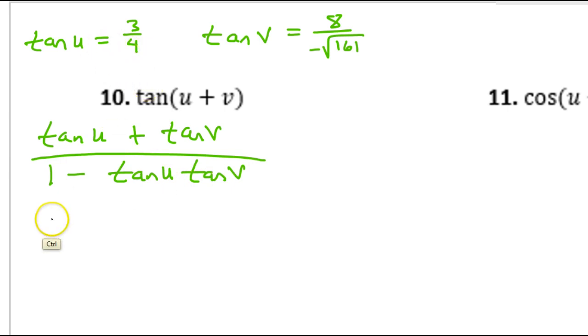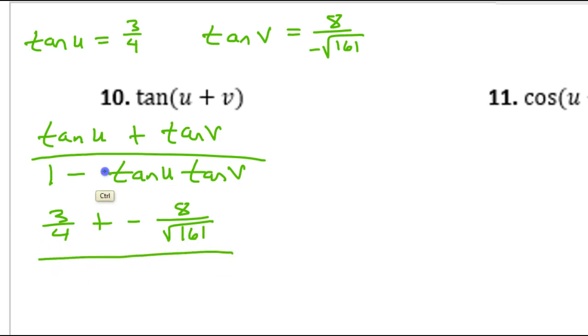So tangent of u, that's 3/4, plus tangent of v, that's negative 8 over radical 161. Okay, and I've got 1 minus tangent u, that's 3/4, tangent v, again, that is negative 8 over radical 161.